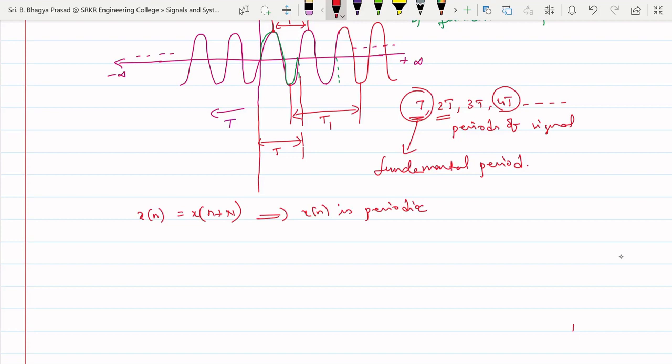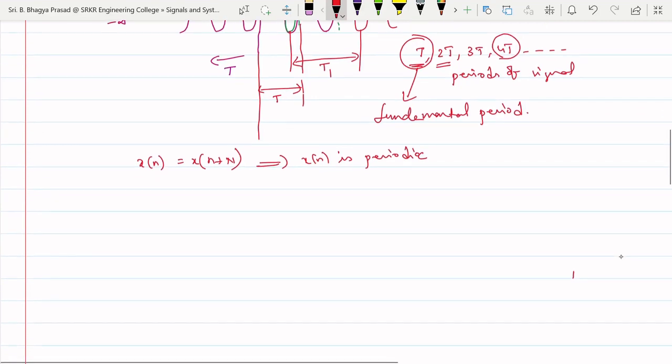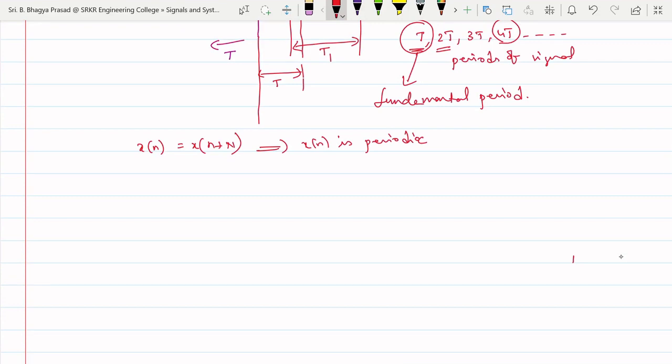Let us solve some basic problems on how to find the period of a signal. We take an example, a simple signal x of t equal to cos 10t.